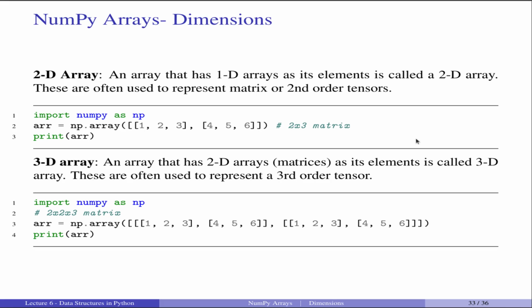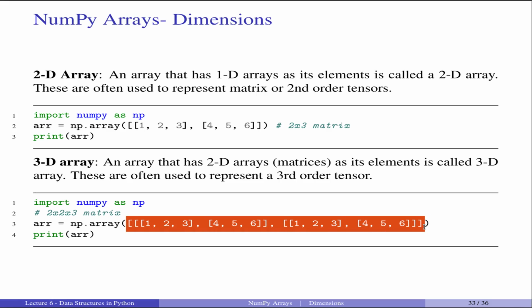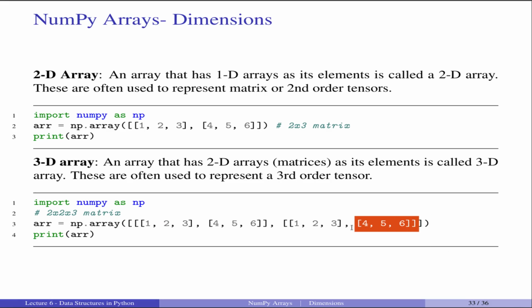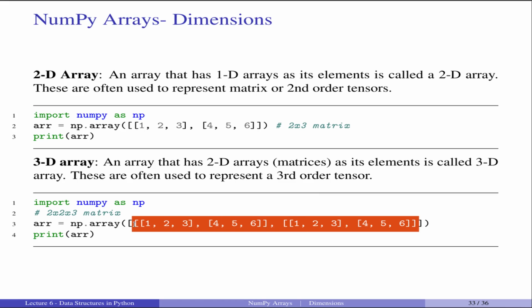Lastly, a three-dimensional array. So an array that has two-dimensional arrays or matrices as its elements is called a three-dimensional array. So for example, এখানে একটা খেয়াল করে দেখেন, this is my whole three-dimensional array. Okay, so this three-dimensional array খেয়াল করে দেখবেন has two inner elements.